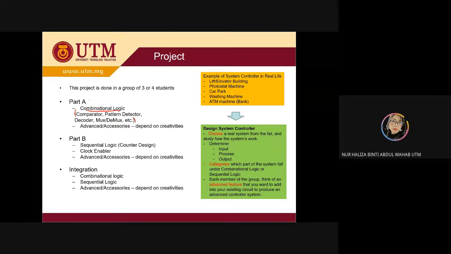Okay, this is the briefing on your Part A. And for advanced accessories, you can add others, depending on your creativity. Let's say you want to add another NOT gate, another AND gate, NAND gate. It's all up to your creativity. Or maybe you want to use the dual symbol. So you are free to use it.